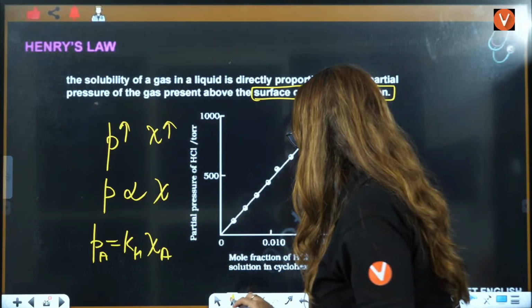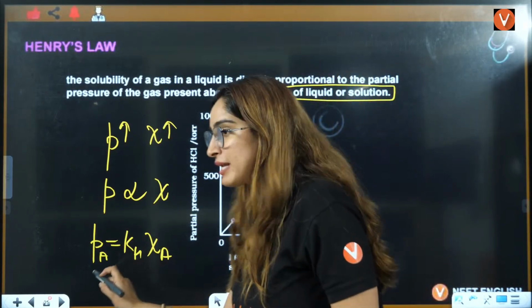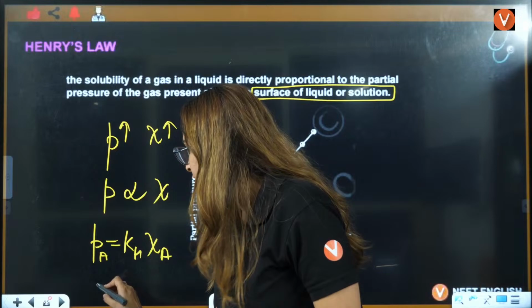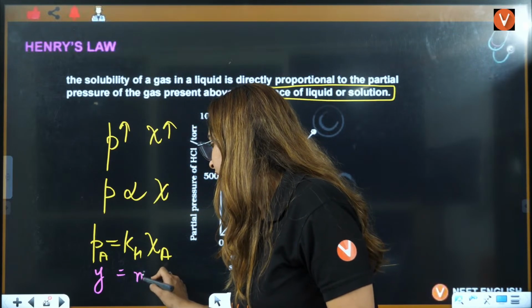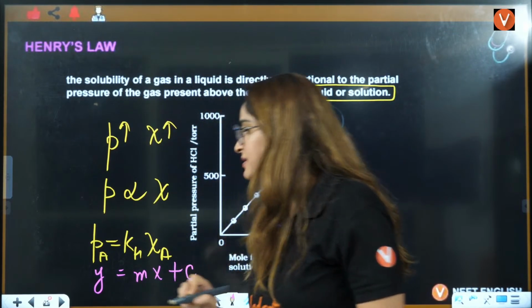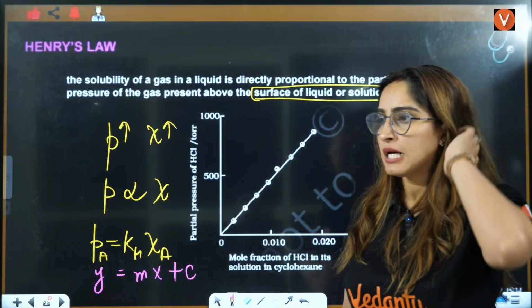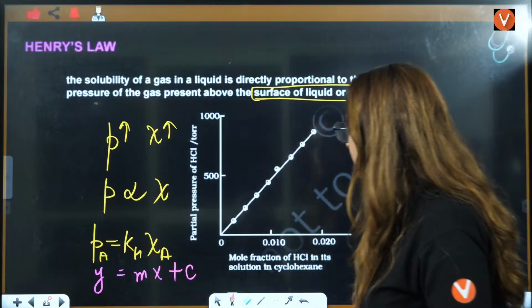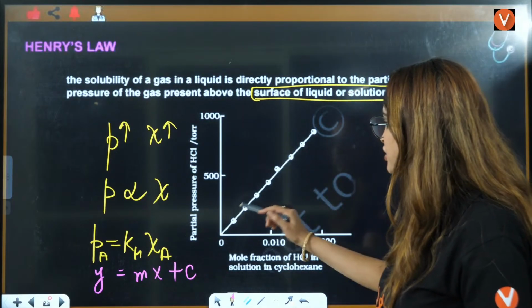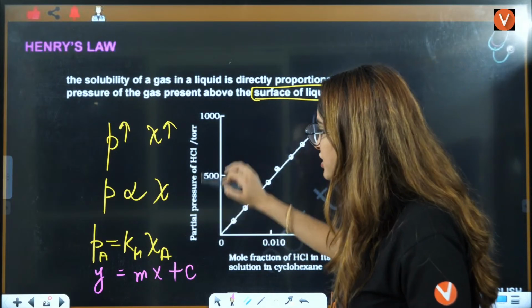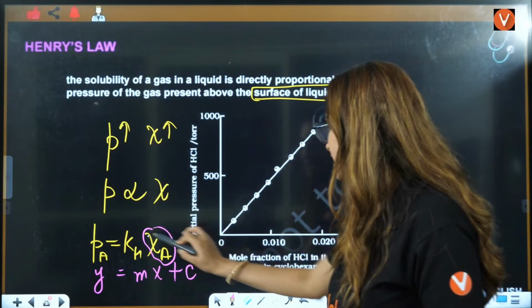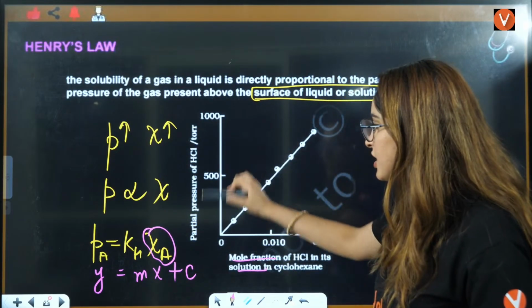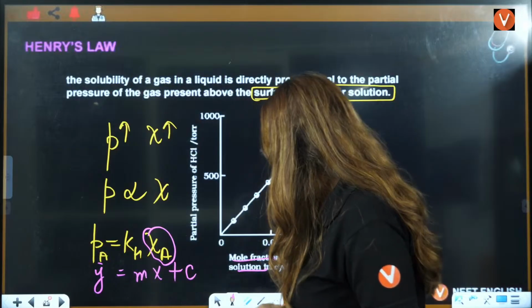Now we can see this is comparable with y equals mx. But tell me, till here everything is clear, no? y equals mx plus c, right? This y is the partial pressure. Can you see that y is the partial pressure? x is the mole fraction. You can see partial pressure is the y-axis, right?